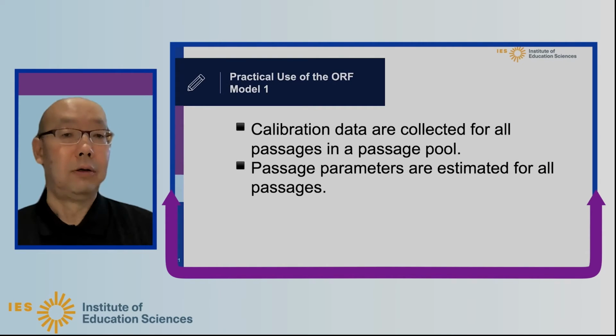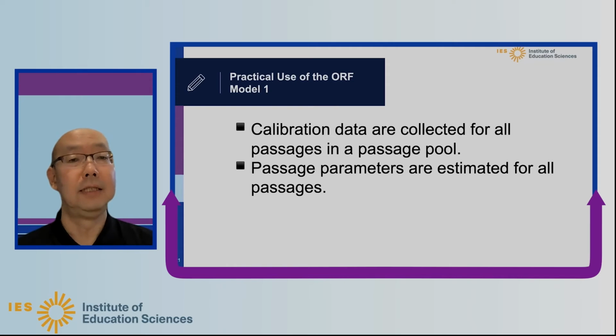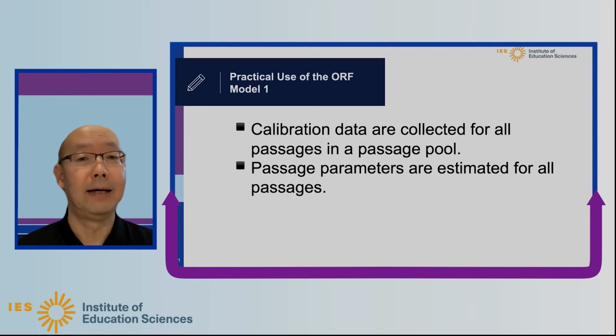And practically, this is how the model-based ORF application can be done. First, calibration of the data. Calibration data are collected for all passages in a passage pool. Then passage parameters are estimated for all passages.